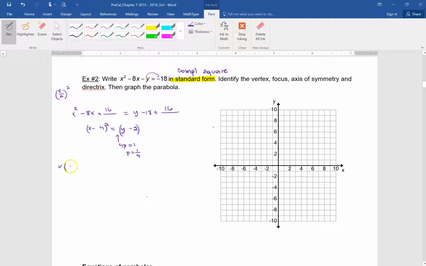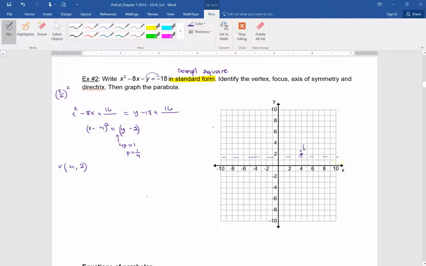The vertex is 4 and 2. So if I go here at 4 and 2 is my vertex, that means, okay, if I go up 1 over 4 units, I hit the focus. And if I go down 1 over 4 units, I hit the what? The directrix, right? So the focus is going to be here, and the directrix is going to be there.